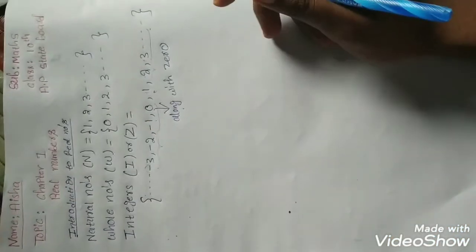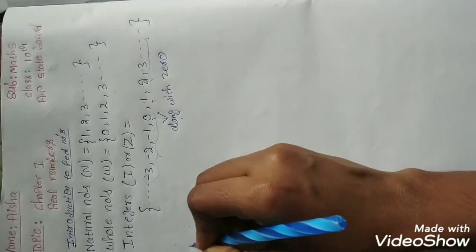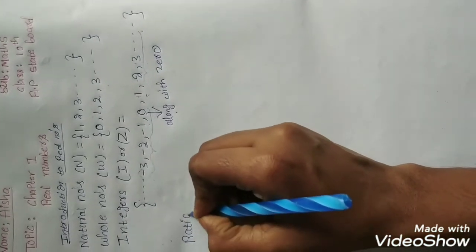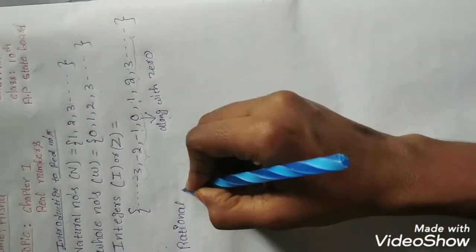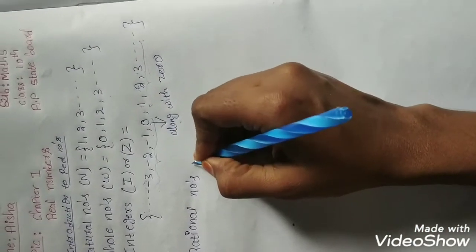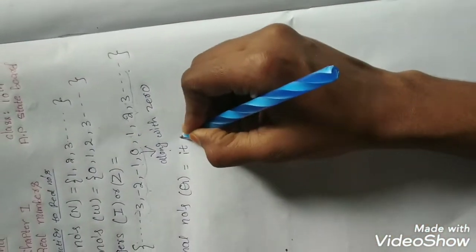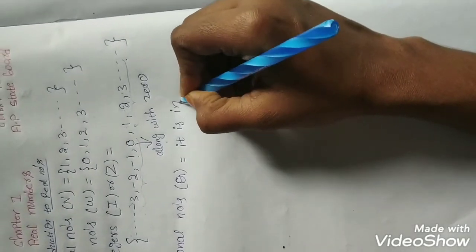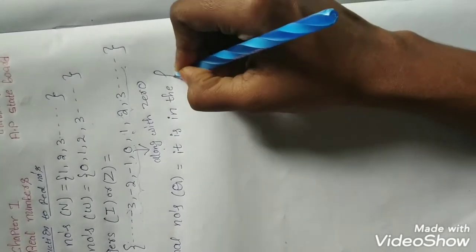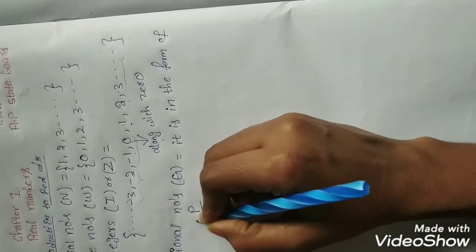And next coming to the next part, that is rational numbers. What are rational numbers? We can denote rational numbers as Q. The rational numbers are in the form of P by Q. So what is P by Q here?